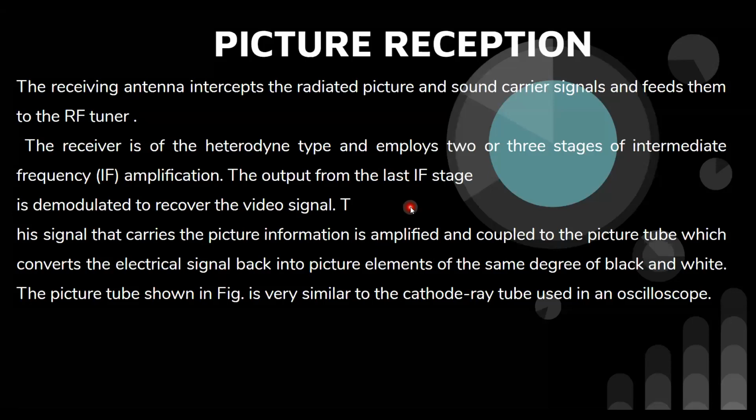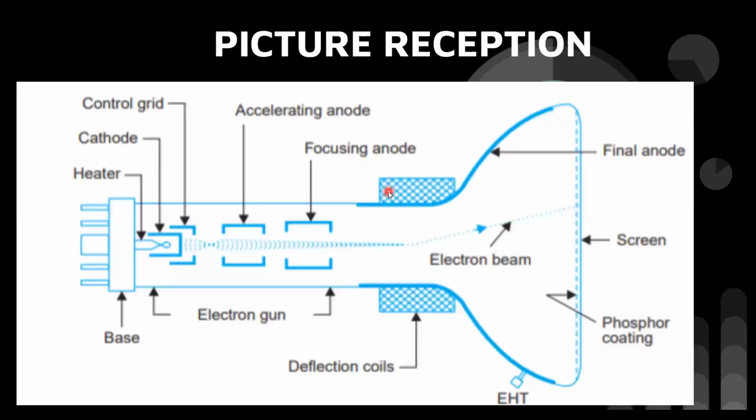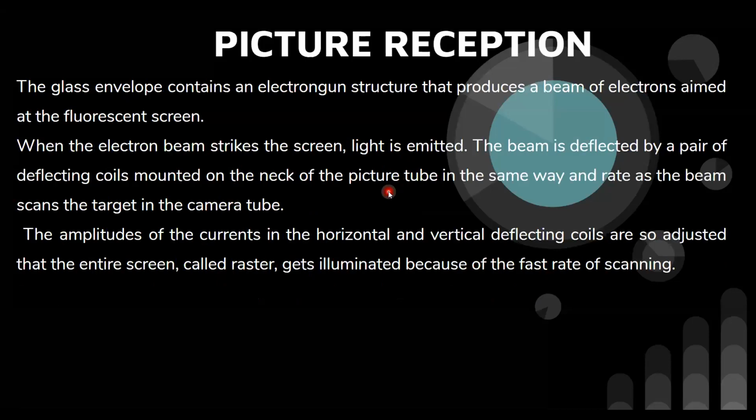The rate at which the spotlight moves is so fast that our human eyes are able to follow the complete picture on the screen due to the storage capability of the human eye.